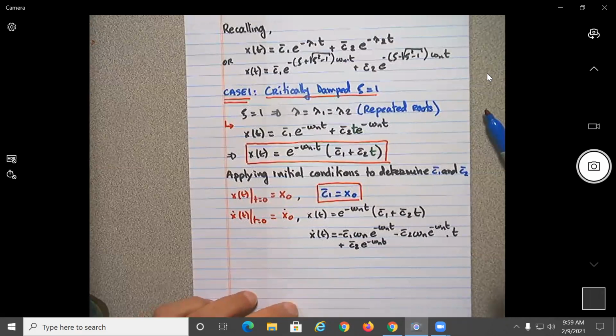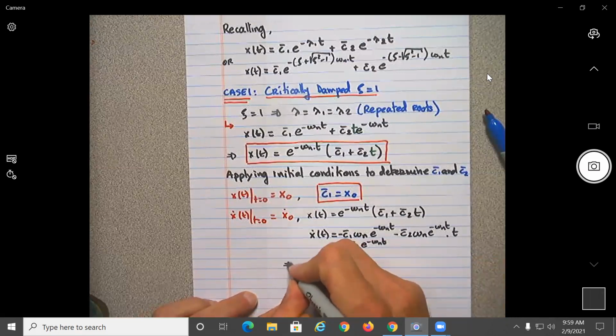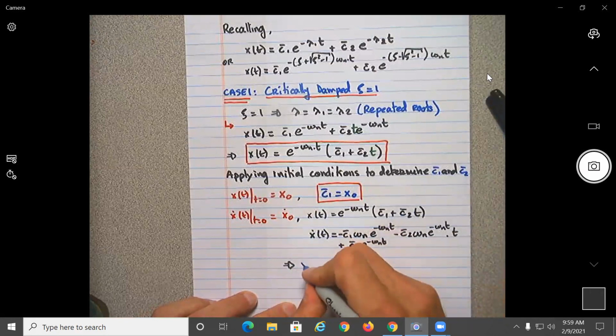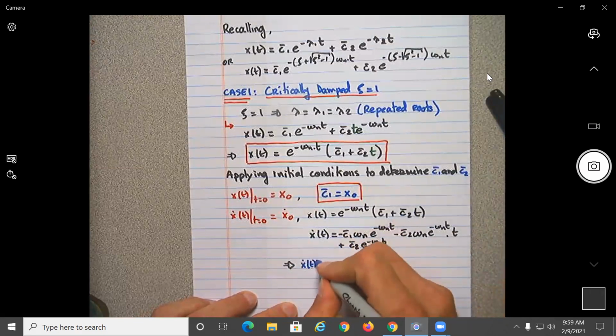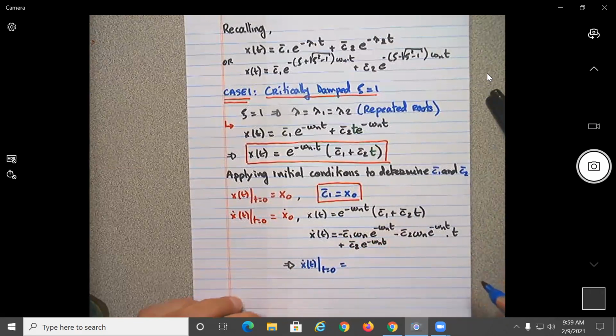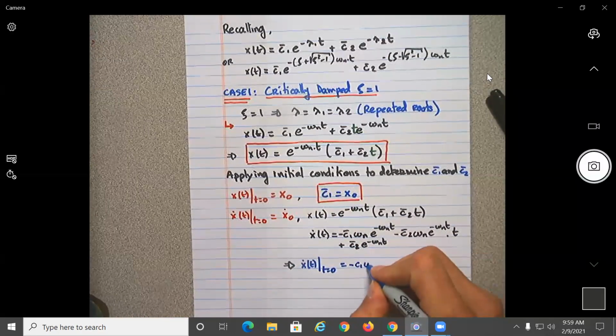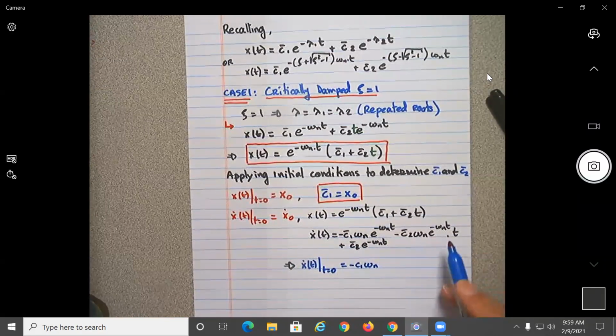Okay, so let me try to organize this a little bit better. So at x bar of t at t equals 0, what will you have? When it is equal to 0, this will be equal to minus c1 omega n.